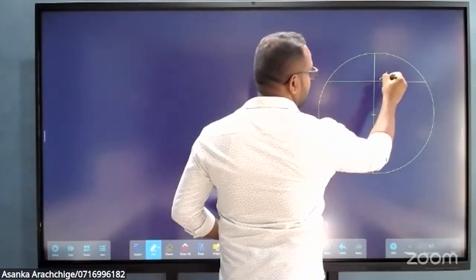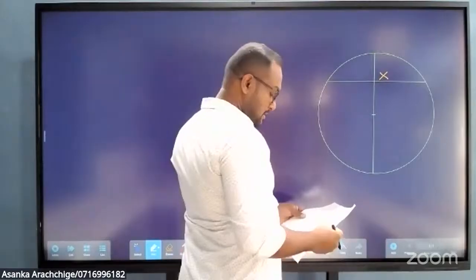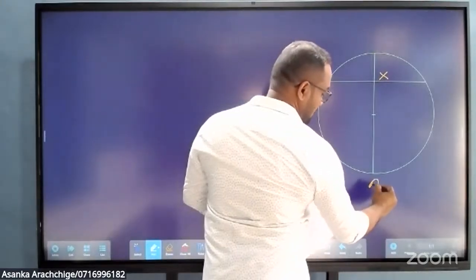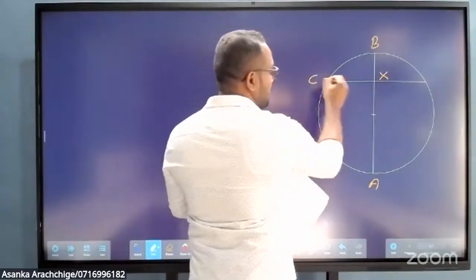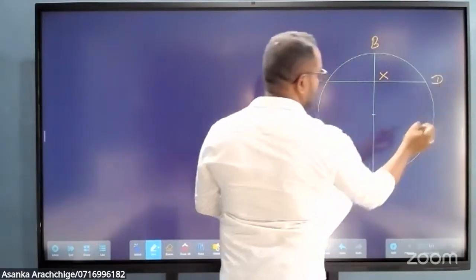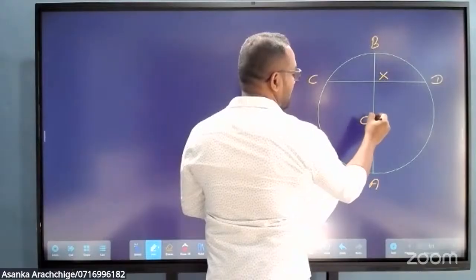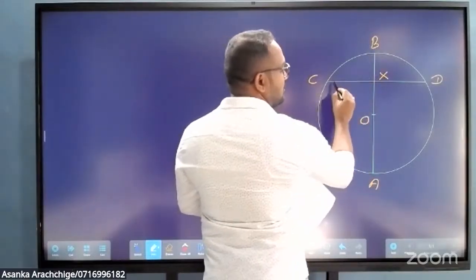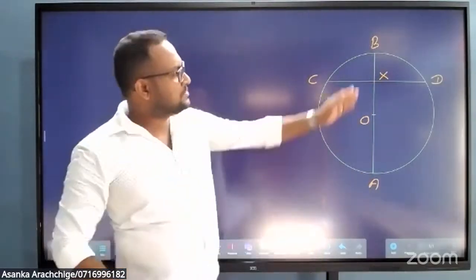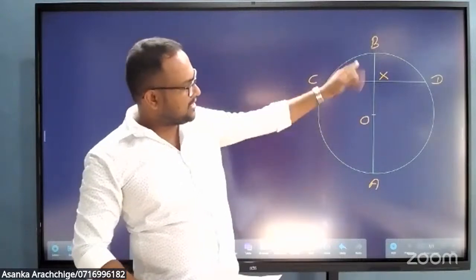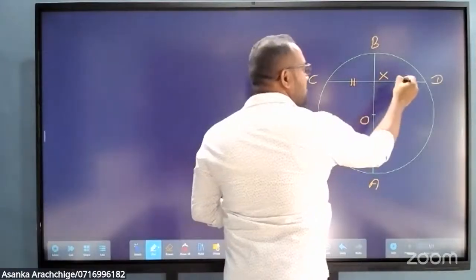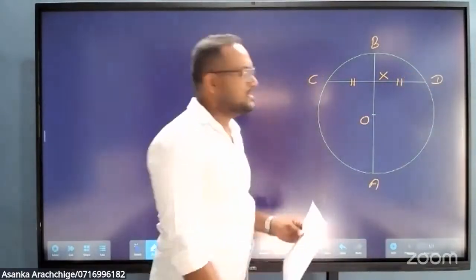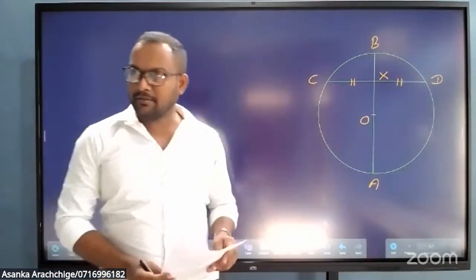This is X. A, B, C, D. This is the center O. Then this chord CD is bisected by the diameter AB at X. Then you can put the same symbol on CX and DX. Clear?